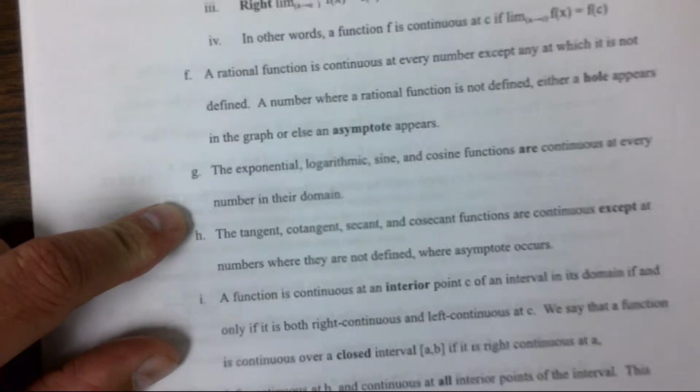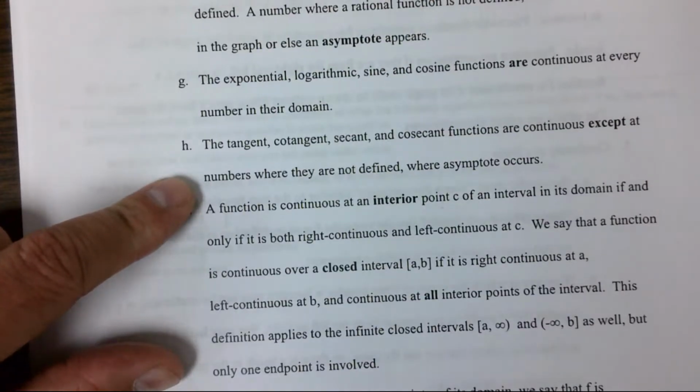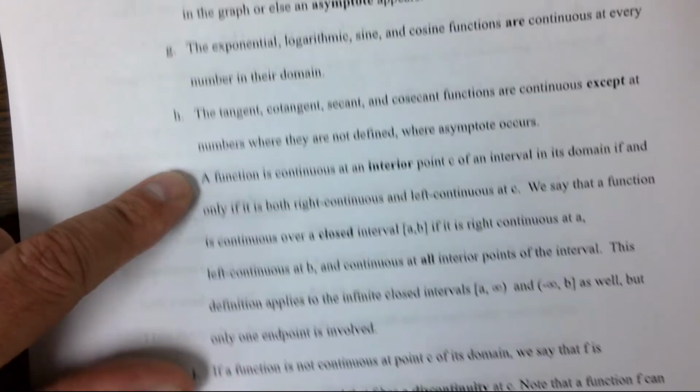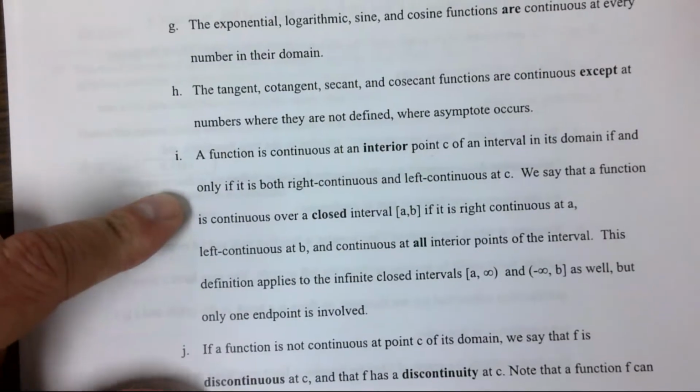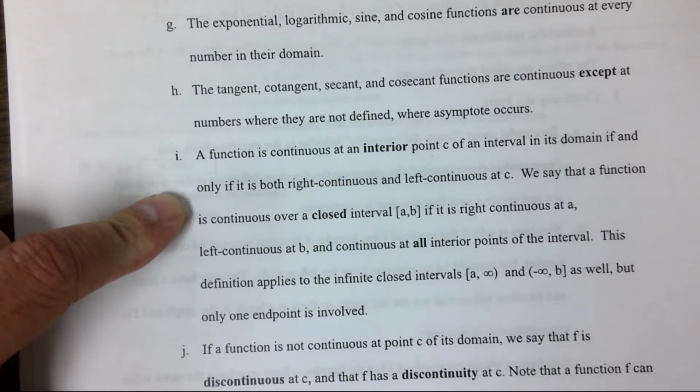Exponential, log, sine, and cosine are continuous. Tan, cotan, secant, cosecant are continuous except where their asymptotes are. And sometimes you're going to have to remember or see from the graph whether that happens at pi halves or at pi.